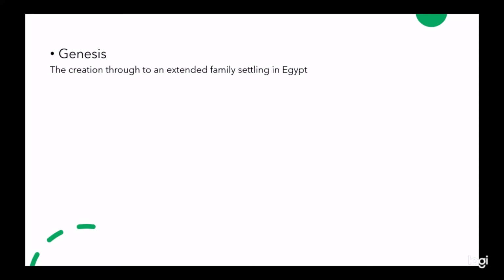There are a series of covenants with God, narrowing in scope from all of humankind with Noah to a very special relationship with one people, Abraham, Isaac and Jacob, and through them their descendants.